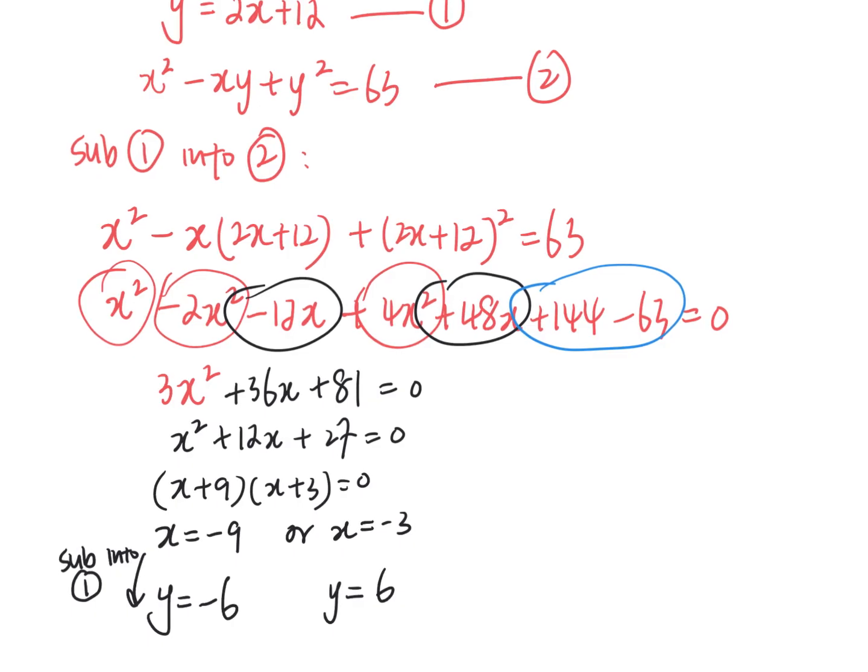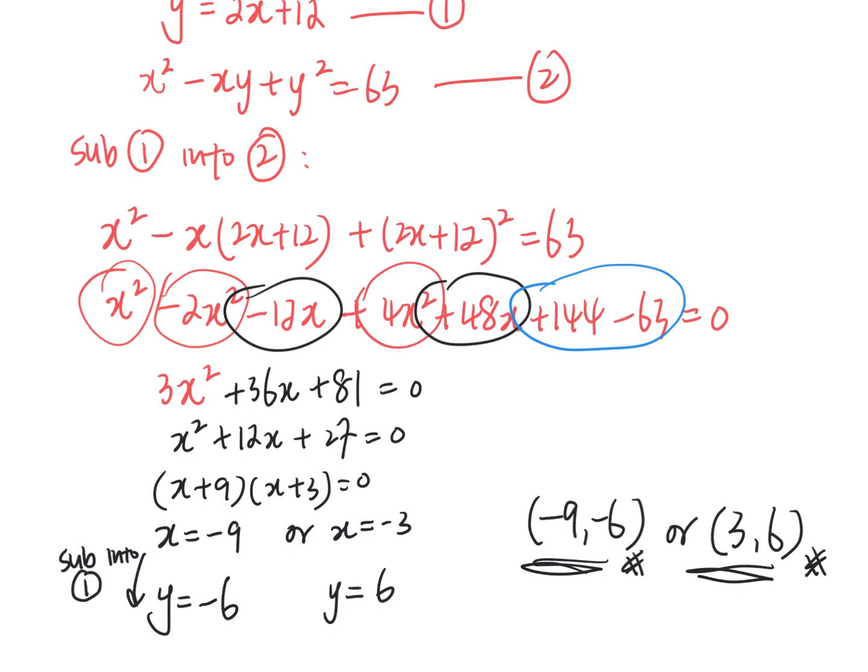Three, 12, 27. Correct, right? Okay, so they want coordinates. Please make sure your final answer, you give me coordinates. Write your answer in coordinate form. So leave the answer like this.